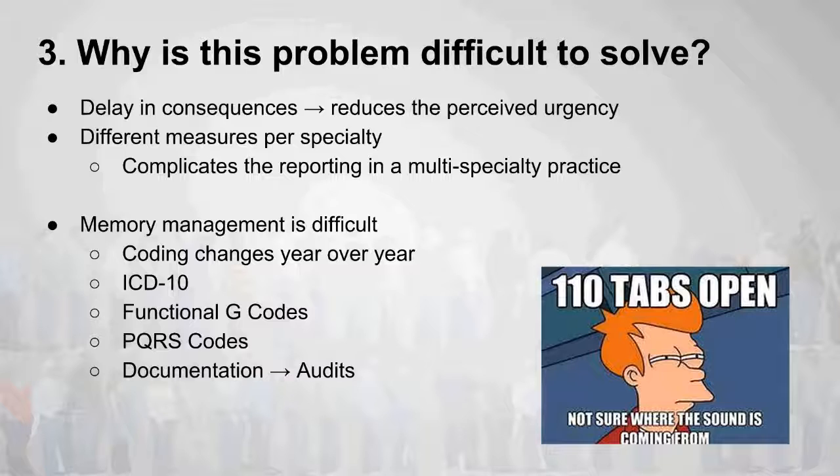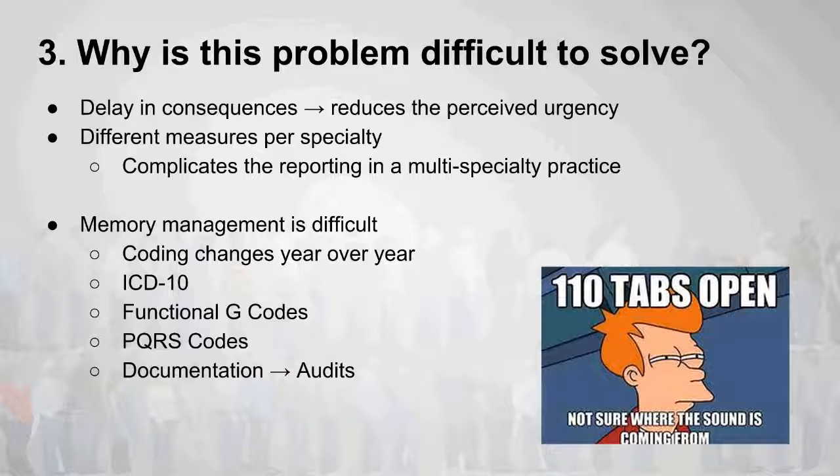And we talk about the immediate because we have ICD-10 coming up, and I'm going to turn this over to Dave in a minute. We have ICD-10, we have functional G codes, we throw in PQRS, our CPT codes change, our HCPCS codes change, PQRS codes have changed, but getting the changes to your CPT code is now.